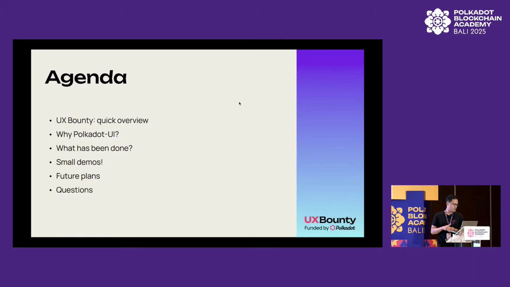I'm going to tell you about what has been done so far, do a small demo of what we can show you right now, and then go through the future plans for our project. And lastly, I will close with questions.